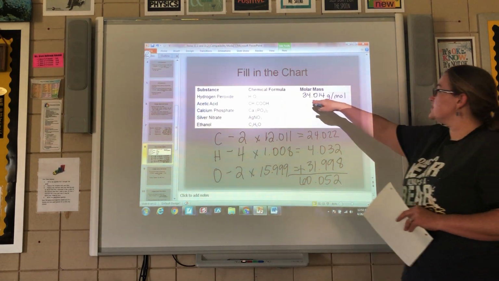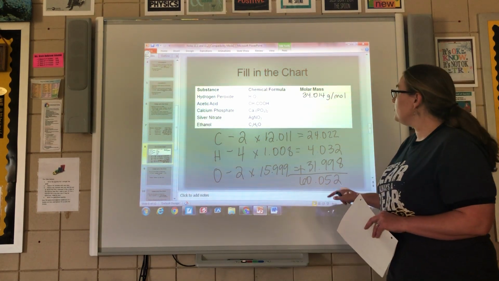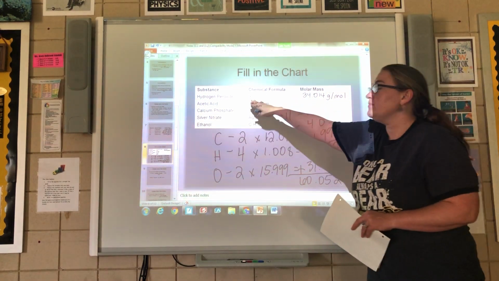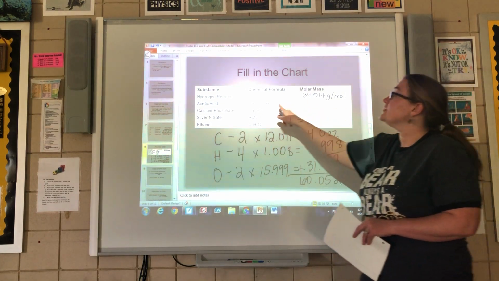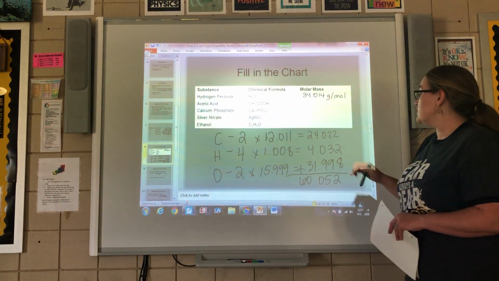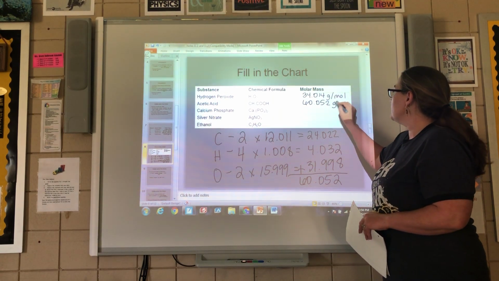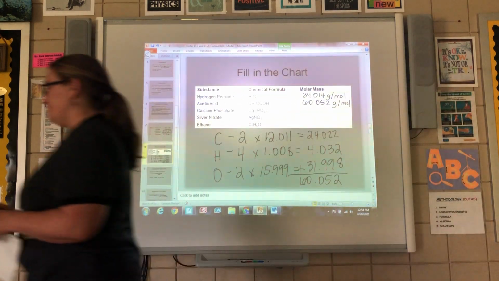So if I go up here to acetic acid, now that I've added all these up, my total mass in 1 mole of acetic acid, not 1 mole of carbon, not 1 mole of hydrogen, not 1 mole of oxygen, 1 mole of acetic acid is going to be 60.052 grams per mole. Okay?